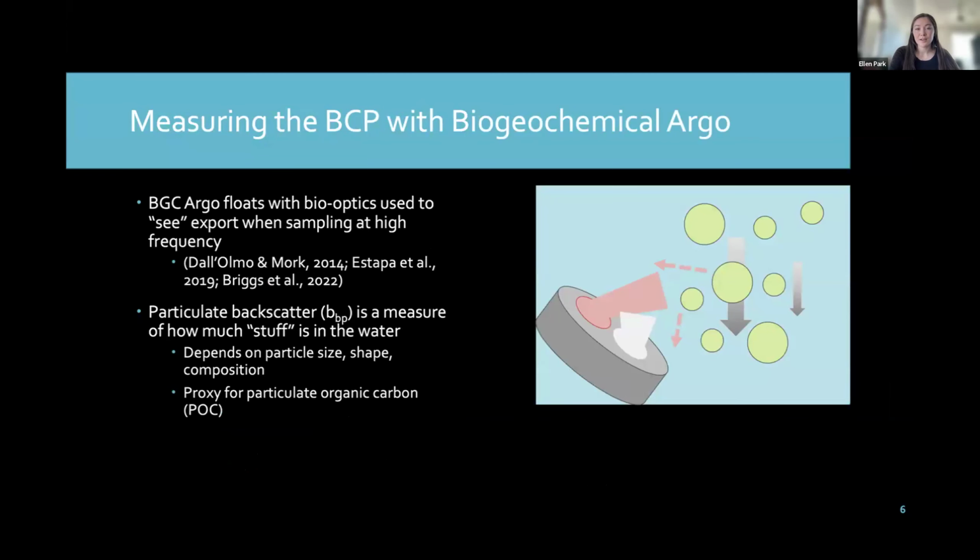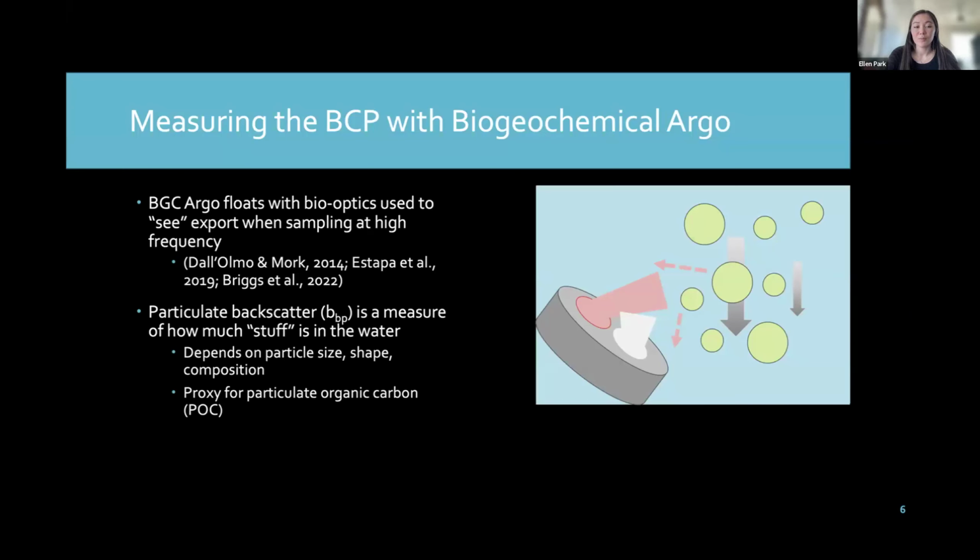Typically, we measure the biological carbon pump using sediment traps, where we collect the sinking particles at various steps in the water column, but we can also use BGC Argo floats equipped with biooptics to see export, or these sinking particles. This has been done a number of times with several floats when they've been sampling at a higher temporal frequency than the typical 10-day cycle.